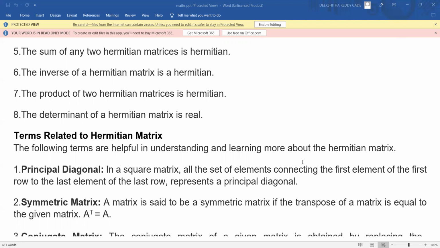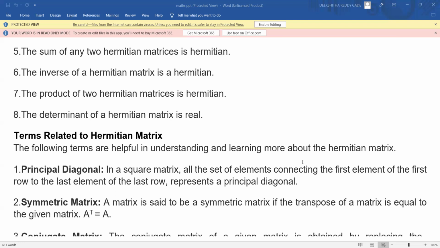Let us take KA whole to the power theta, equals K into A power theta, that equals KA, since K is a real number. If A is a Hermitian matrix, then A conjugate transpose to the power of conjugate transpose equals A. If A and B are two conformable Hermitian matrices, then A plus B is also Hermitian.